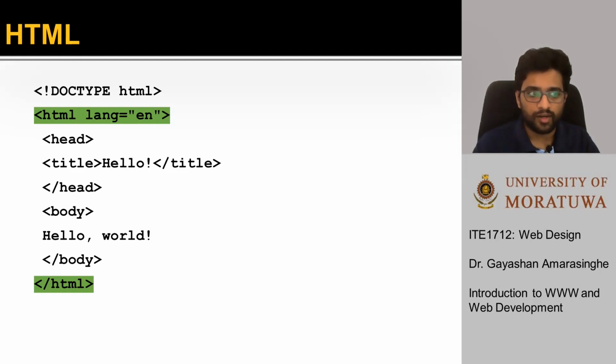Another important feature of HTML is present in this tag. The information that you put here is called HTML attributes. Here we are saying that lang equals en. This is saying the language of this page is English.